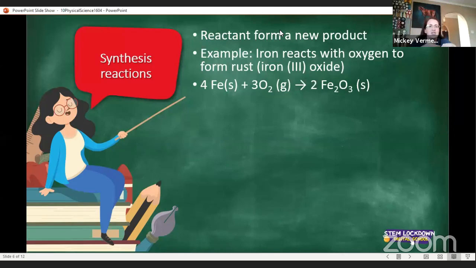Leslie, goodness gracious, question from nowhere. All right, so valence electrons are the electrons in the outer shell, and they are the electrons that can react. Okay, it's not to say that iron only has 3 electrons. It means that iron has 3 electrons in its outer shell which can react.